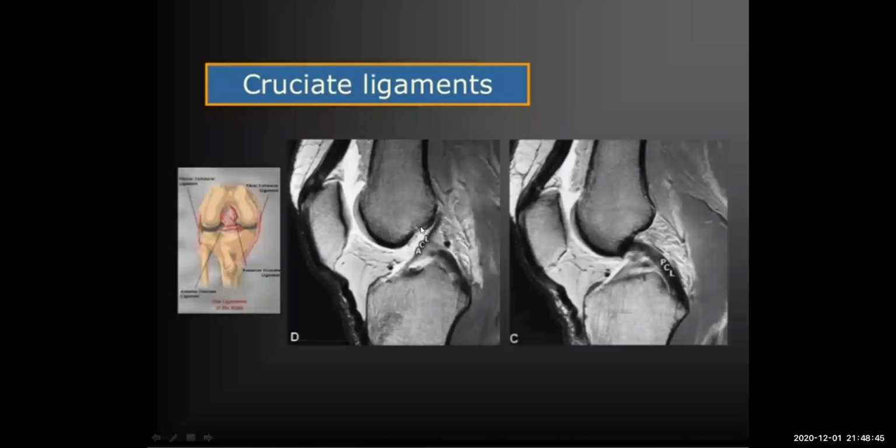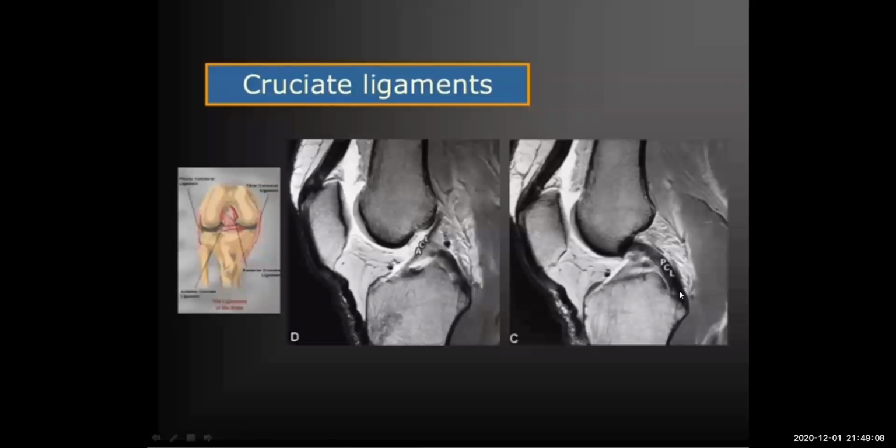If you find the ACL black, with a good orientation, coming from anterior going posterior, with a homogeneous color and good tension, this is a normal anterior cruciate ligament.